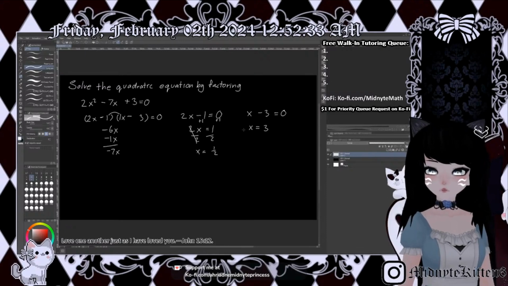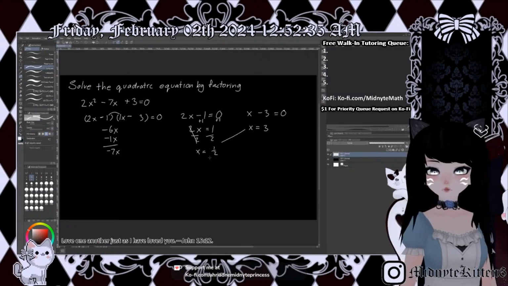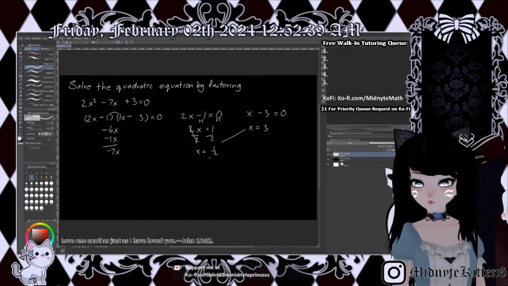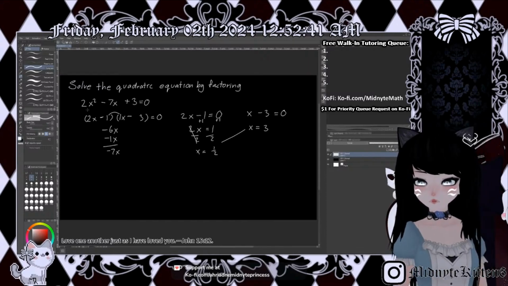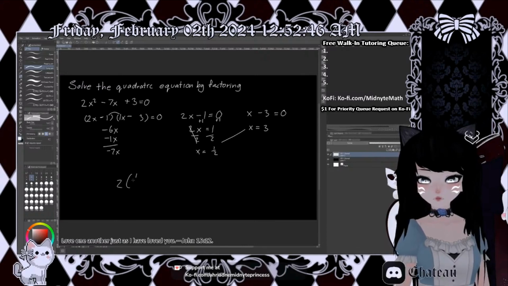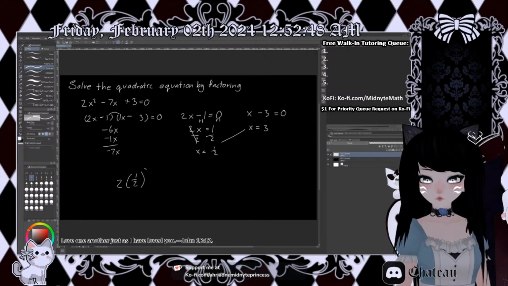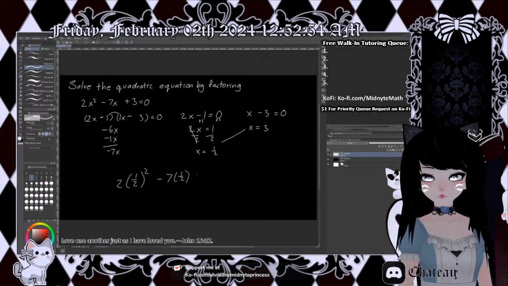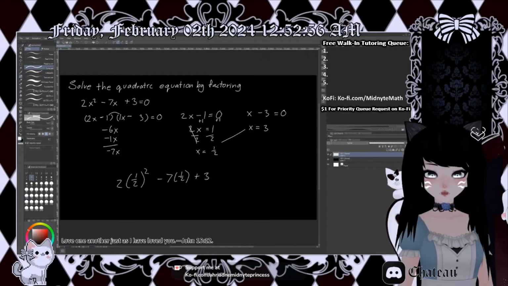Now let's plug these back in. So 2 times 1/2 squared minus 7 times 1/2 plus 3 equals 0.